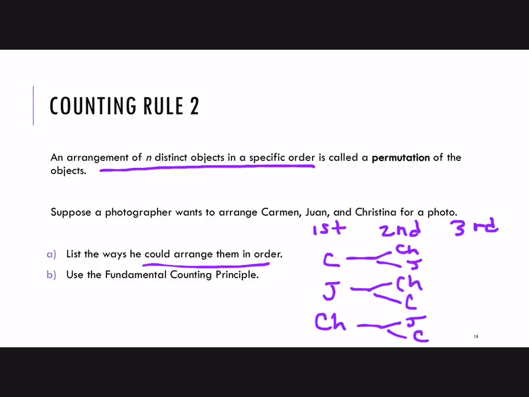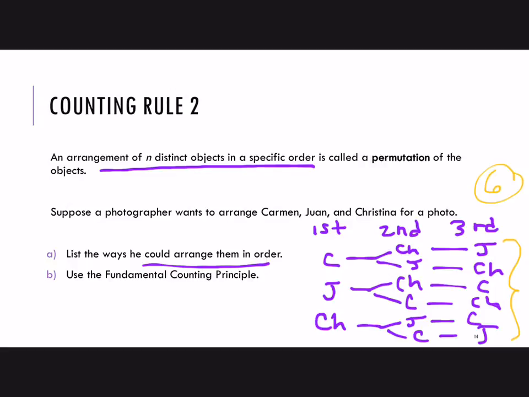Now by the time you've chosen your first two people, that only leaves you with one person in each case that's left for that third spot. Okay, Juan here, Christina, and so forth. Okay, so here are all of the different options. And then if you count the branches at the end of the tree diagram, you should see that there are 6 different options.